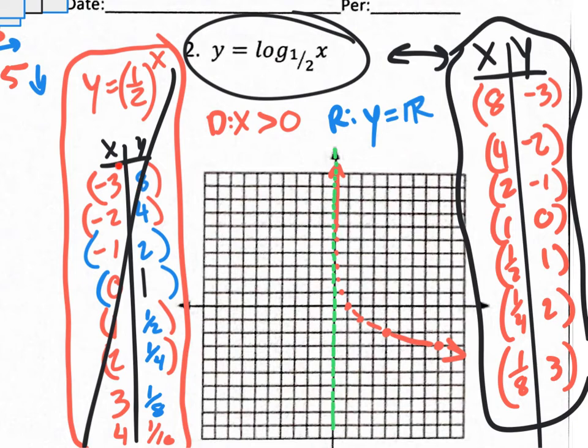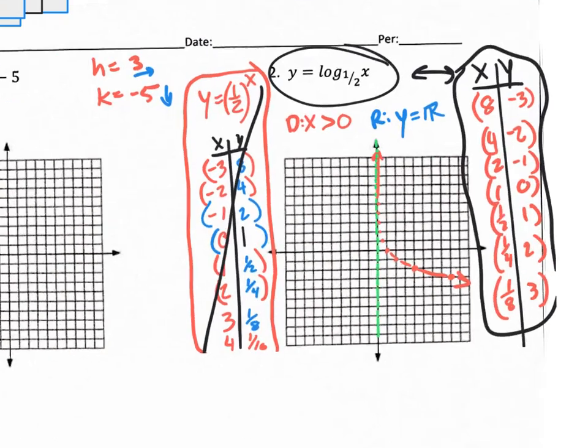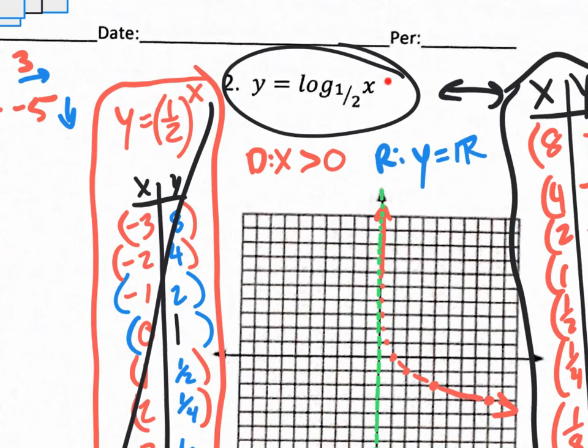So the coordinate -3, 8 became 8, -3. I switch all these coordinates to get the actual coordinates of the original logarithmic function, and then I plot my points and I graph it. But I need to understand the graph in terms of domain and range as well. So it's really easy because right here you have no h and k, and the inverse of this logarithmic function truly is y equals 1/2 to the power of x.